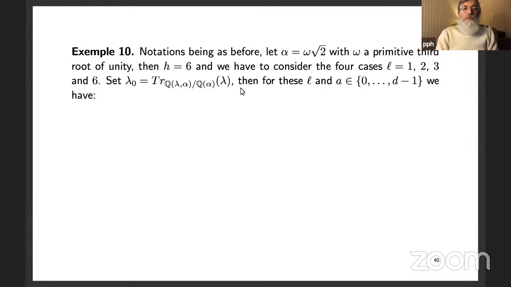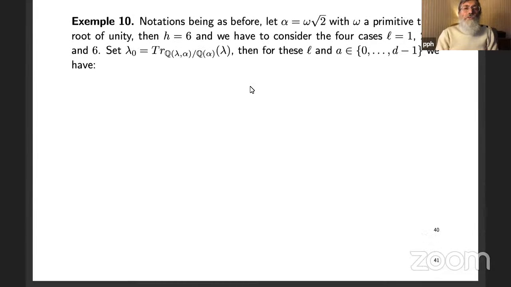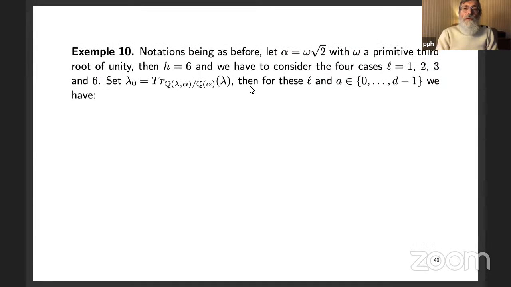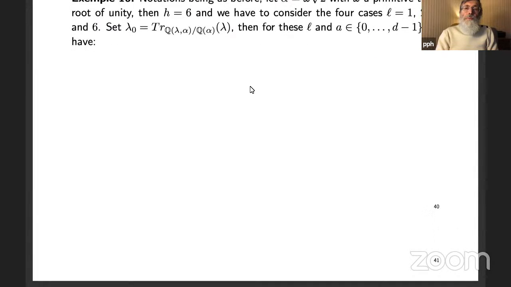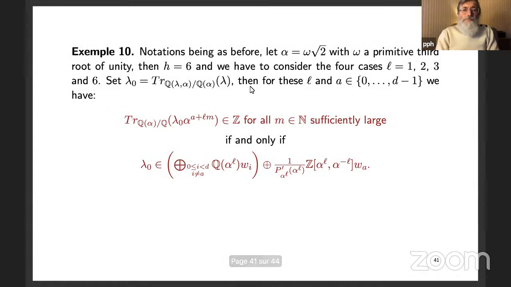Then for this L on A, which belongs to 0, D minus 1 here, I restrict to D minus 1, we have the following equivalence. That the trace of lambda 0 alpha A plus Lm belongs to Z for all m in N sufficiently large.